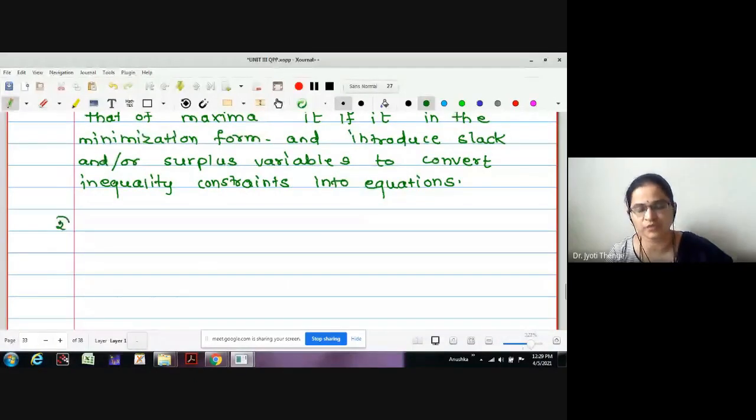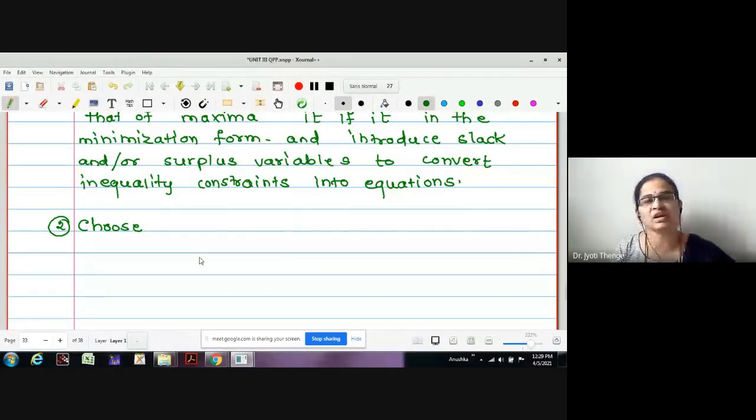Let me go for step number 2. In step 2, we are going to choose m basic variables. The remaining will be treated as non-basic variables. While selecting the basic variables, there is no specific criterion.